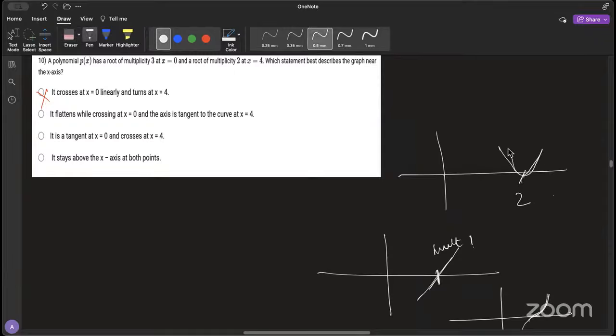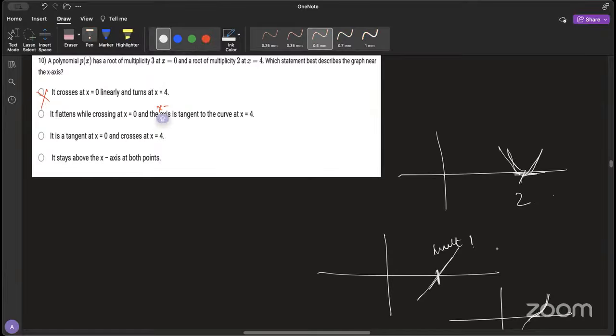If you draw a tangent at x equals 2, the tangent will be the x-axis. We should have mentioned x here. The x-axis is tangent to the curve at x equals 4 and it flattens while crossing at x equals 0. Yes, ma'am.